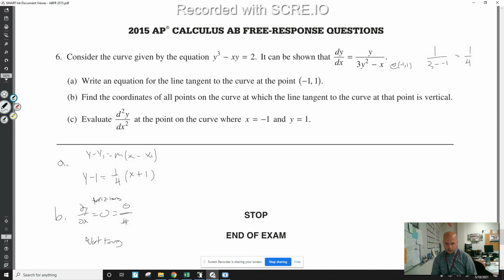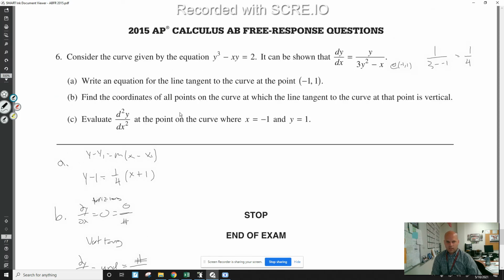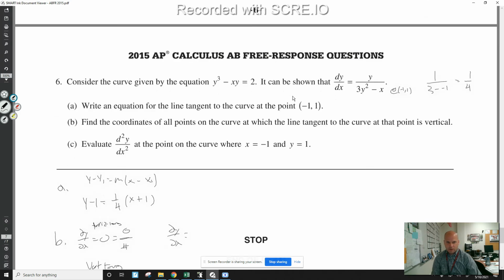Vertical tangents occur when there is rise but no run. So that is when your derivative is undefined, or when you have a 0 in the denominator. So for a vertical tangent, I need my dy/dx to have a 0 in the denominator.